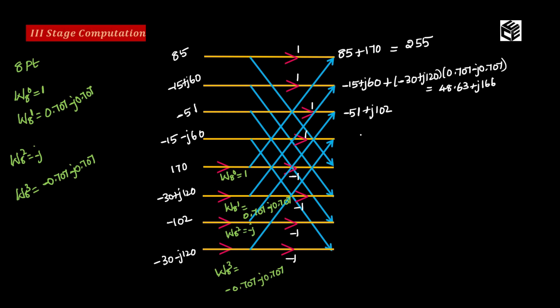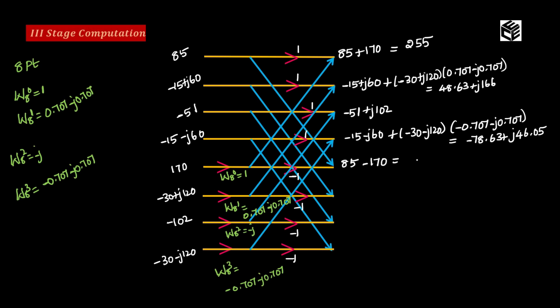Okay, in a similar way, this line is minus 15 minus j 60. And the second line is plus minus 30 minus j 120 multiplied by the twiddle factor, that is minus 0.707 minus j 0.707. Okay, the answer for this is minus 78.63 plus j 46.05. Correct? Now I am going to find for this line, that is the input is 85 from the first line and here it is minus 170.